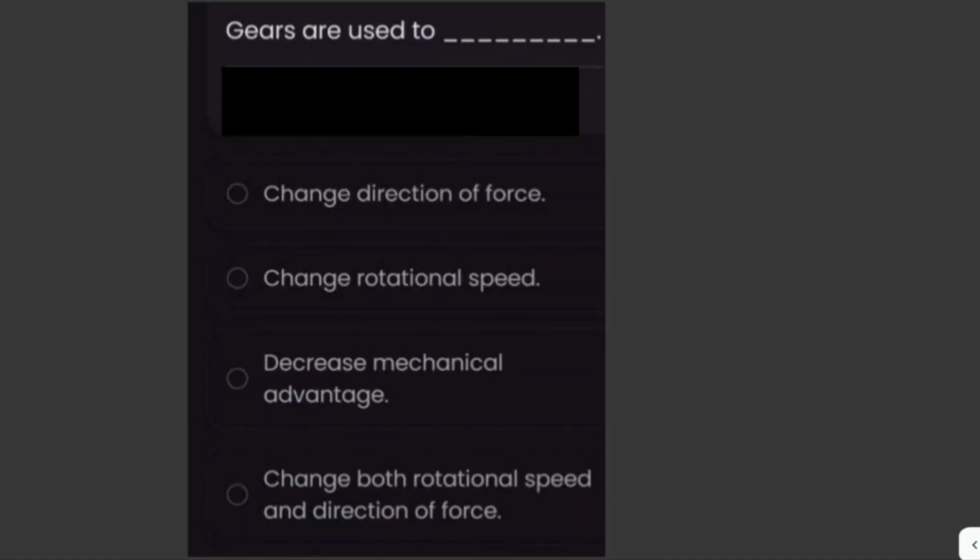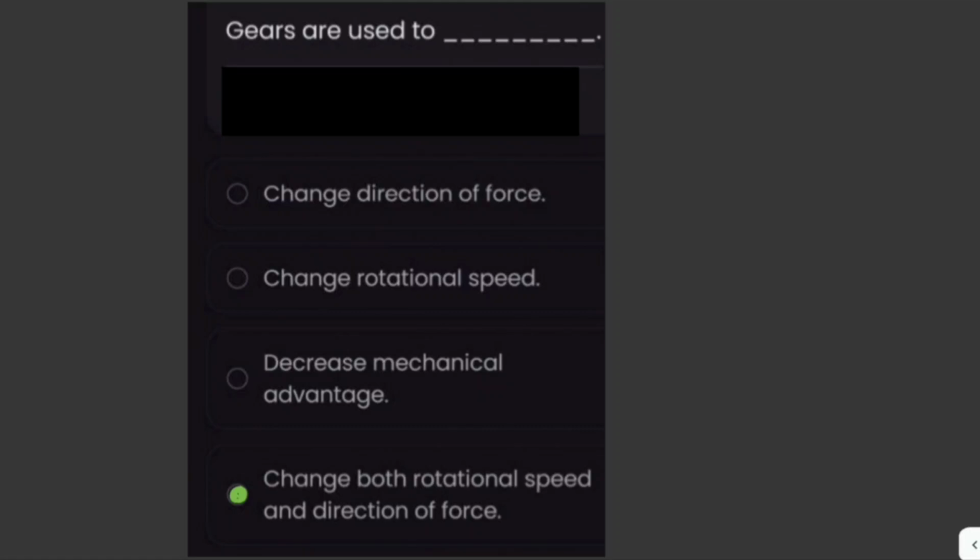Gears are used to: change direction of force, change rotational speed, decrease mechanical advantage, or change both rotational speed and direction of force. The answer here is change both rotational speed and direction of force. Gears are toothed wheels that mesh together and transmit rotational motion and force between them.